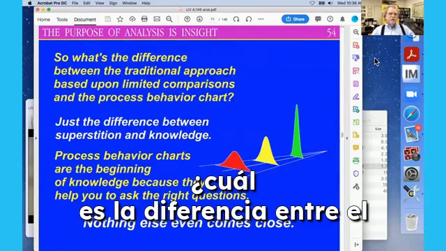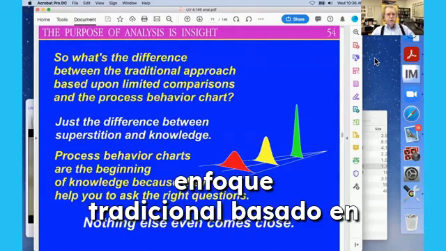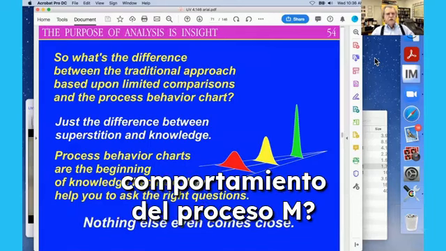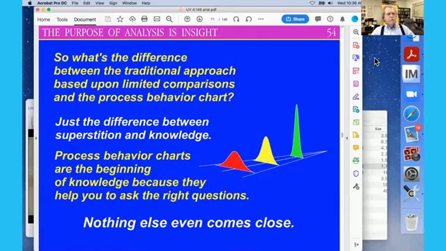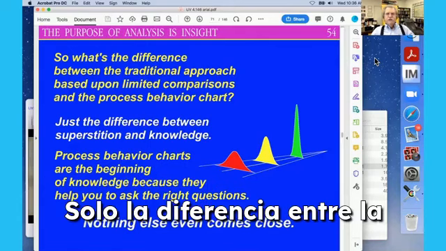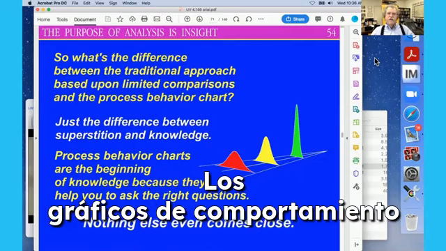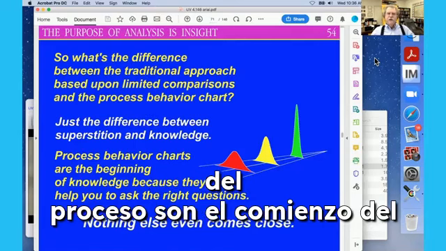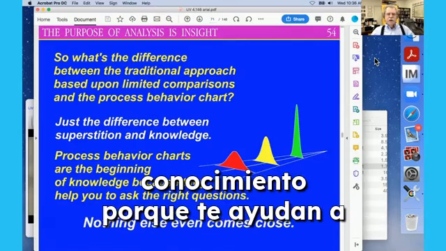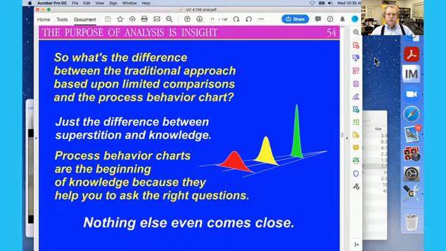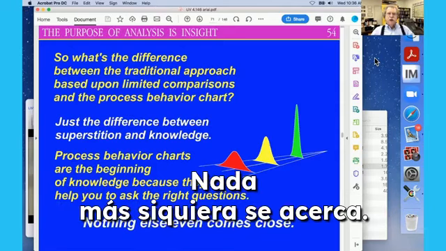So what's the difference between the traditional approach based on limited comparison and the process behavior chart? Just the difference between superstition and knowledge. Process behavior charts are the beginning of knowledge because they help you to ask the right question. Nothing else even comes close.